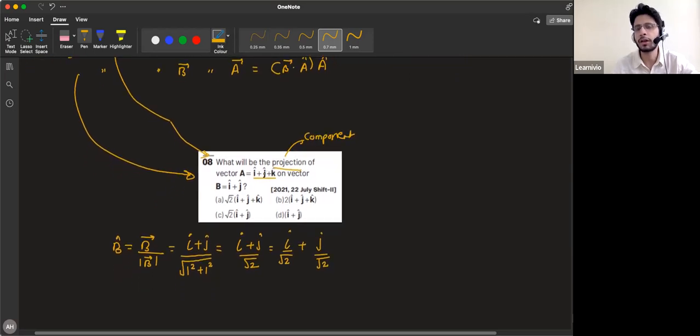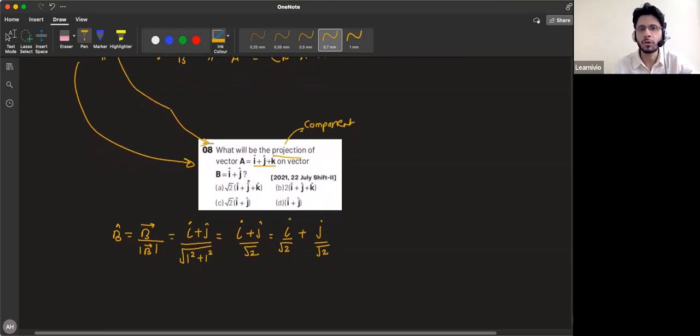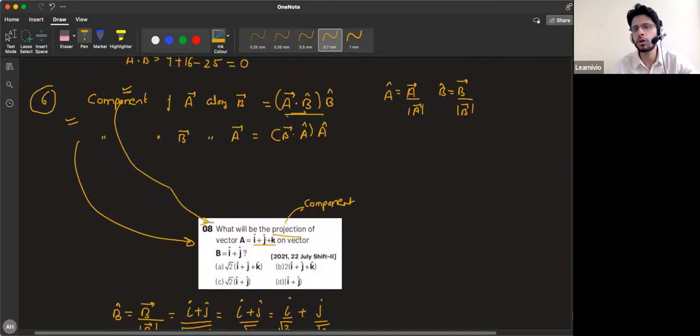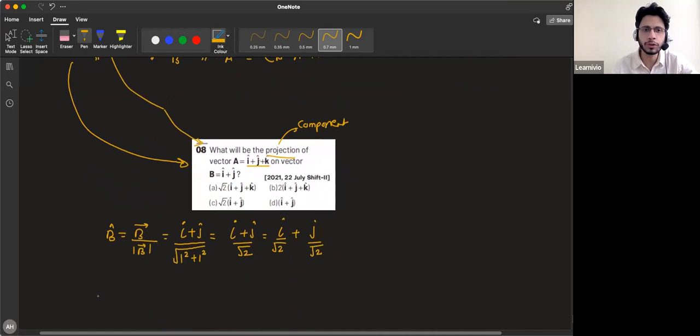And this is your vector A, I cap plus J cap plus K cap. You want the component of A along B. So first of all, let's calculate A dot B cap. A is I cap plus J cap plus K cap, and I'm writing I cap by root 2 plus J cap by root 2.